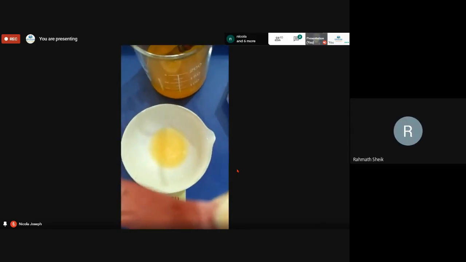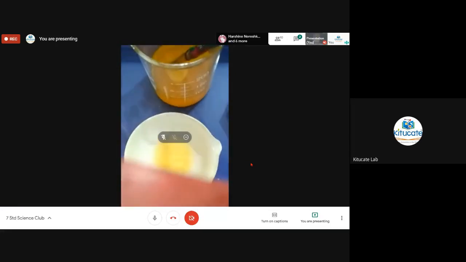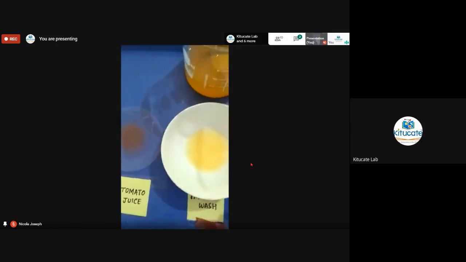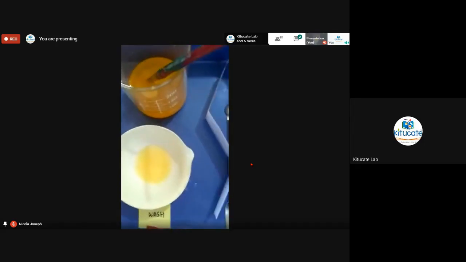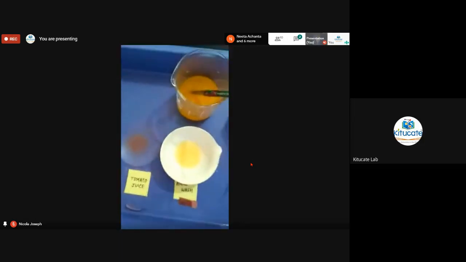See, usually these hand washes that we get these days are neutral, they are not acidic or basic. The hand wash that we use is neutral. The pH is balanced.